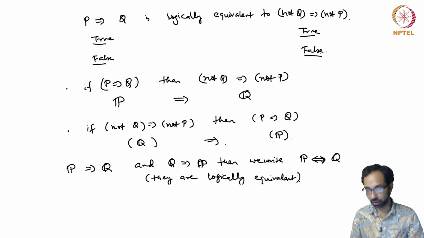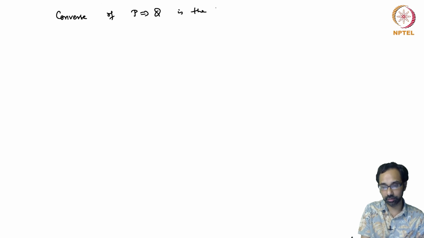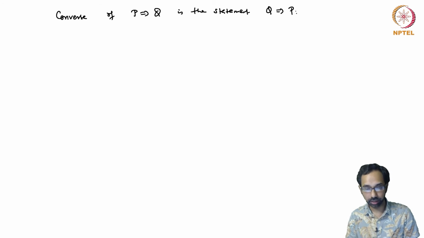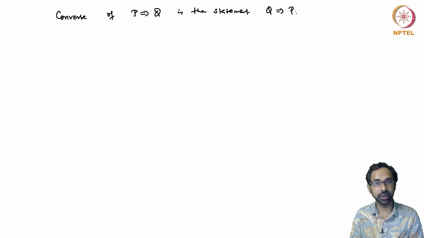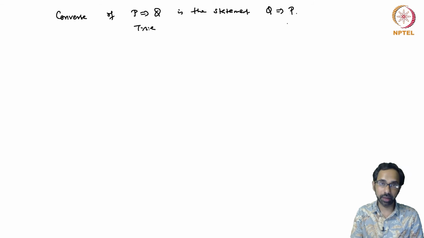So this is the contrapositive statement. Now what is the converse? The converse of P implies Q is the statement Q implies P. So you are just reversing the roles of P and Q here, and of course if this is true, then the converse may not be; it may be true or false.